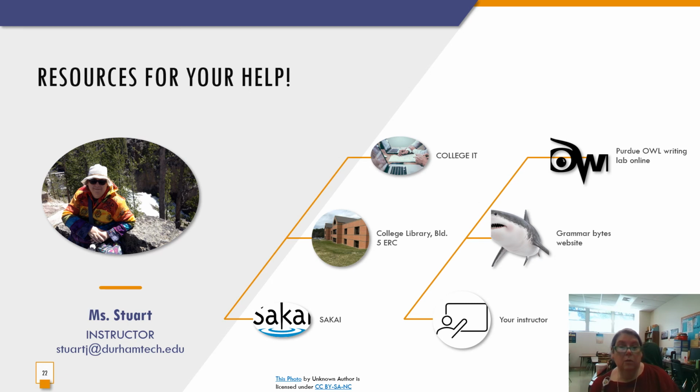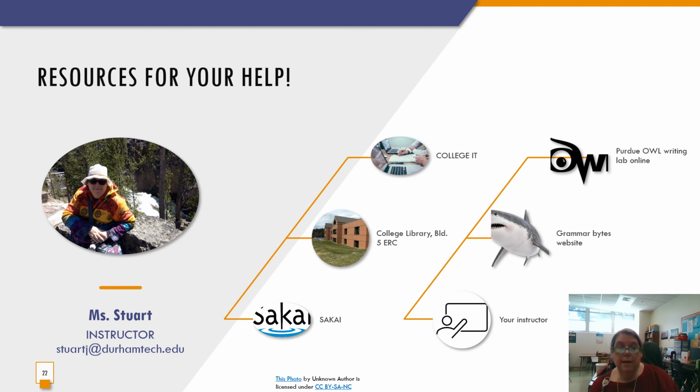And there's lots of resources to help you with this writing besides me. You can go to the college IT program if you're having troubles with your computer or with the 360, whatever. Feel free to contact them. That's free. The college library in Building 5, known as the ERC.